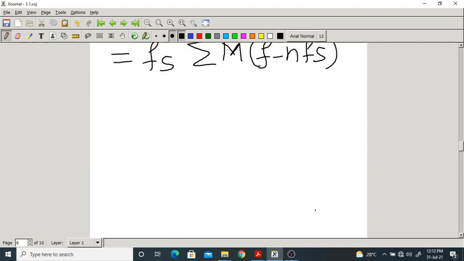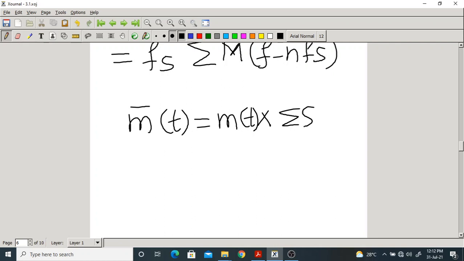Okay. So what I want to say is, let me write one more time: m line of t equals m of t into summation delta of t minus nTs. This is the time domain.